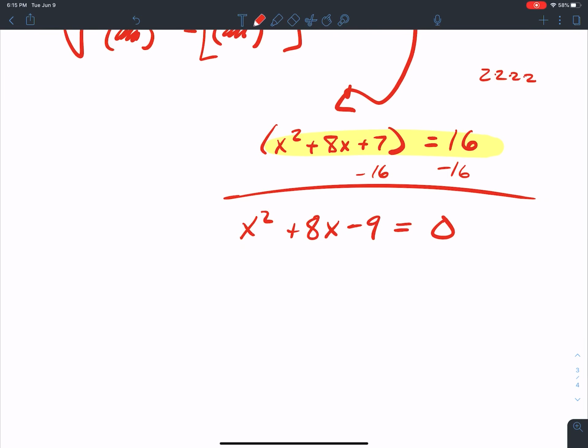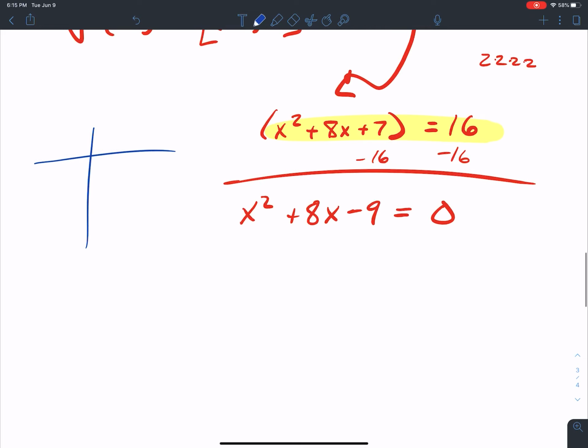And I always try to factor first. If you want to go straight to the quadratic formula or complete the square, be my guest. Factoring to me is the quickest way to do it. So factor the trinomial with a t-chart. I want factors that multiply to -9 and add to 8, okay? So 1 times 9.